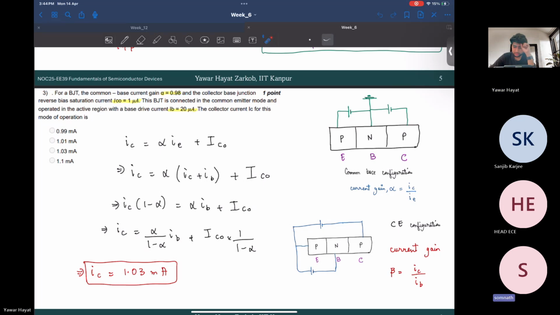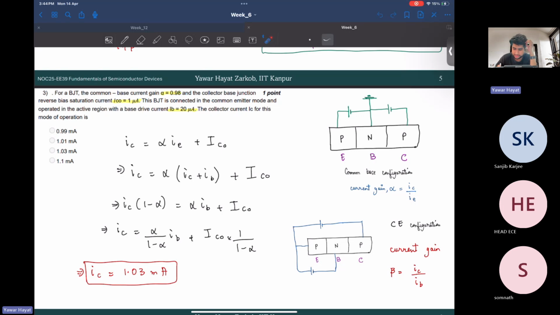Yes, sir. What about the drawing, sir? Okay, you mean draw this? Yes, sir. So this is the common base configuration, right? And in common base configuration, alpha is IC by IE.